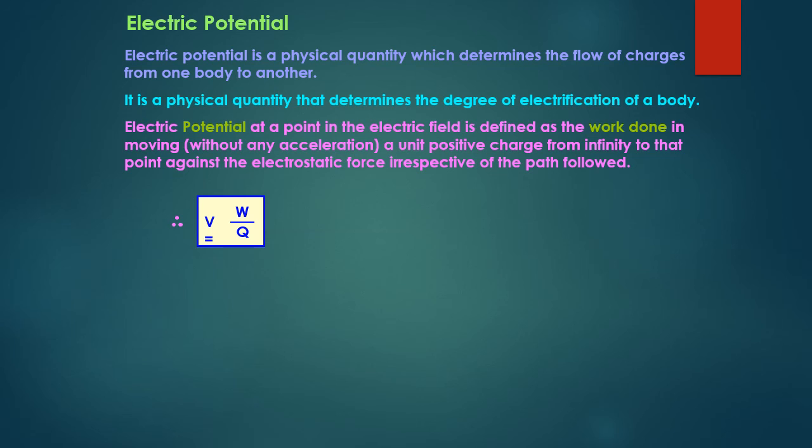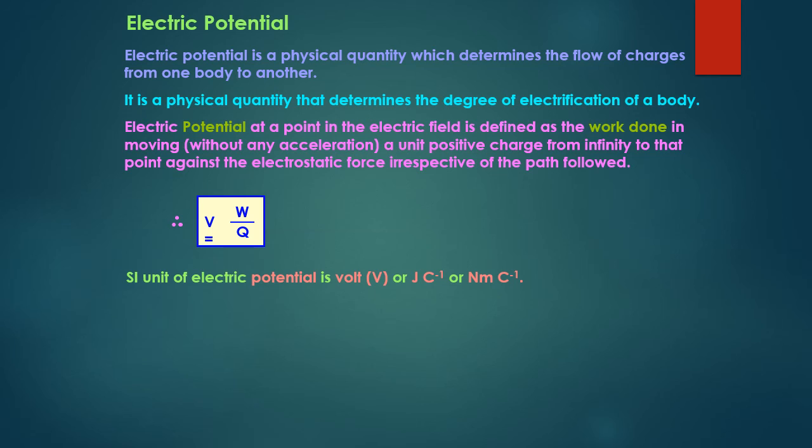Electric potential is given by V. Its formula is V is equal to W by Q, where W is the work done and Q is the positive charge. The SI unit of electric potential is volt or joule per coulomb. As you can see, joule is the unit of work done and coulomb is the unit of charge.